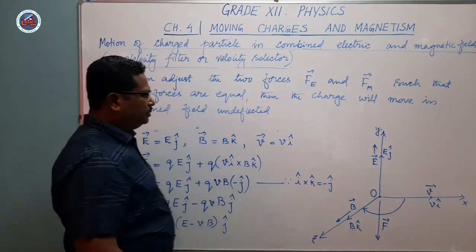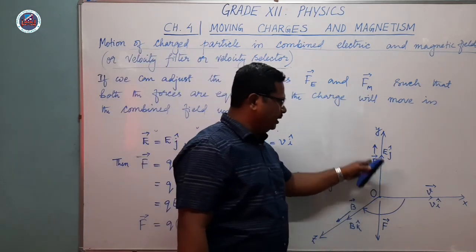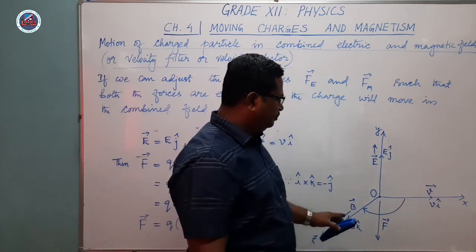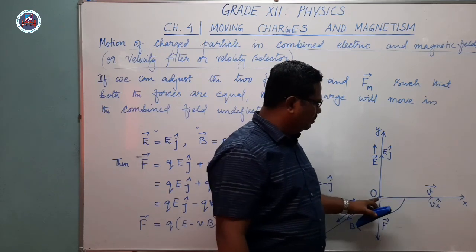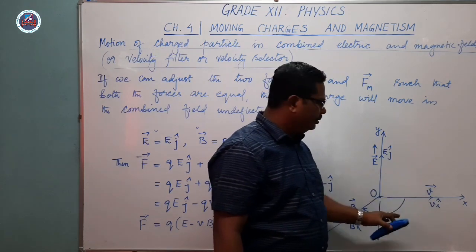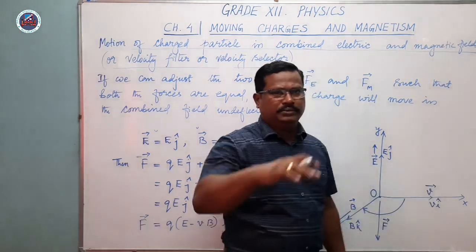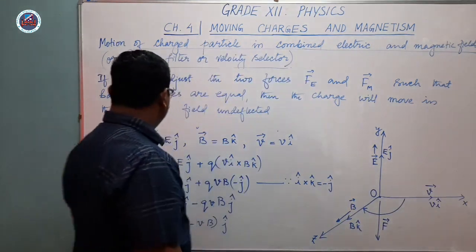So the electric force must be exactly equal to the magnetic force. Then the charge will move undeflected. It will neither go this side nor this side. It will remain undeflected and move in a steady path.